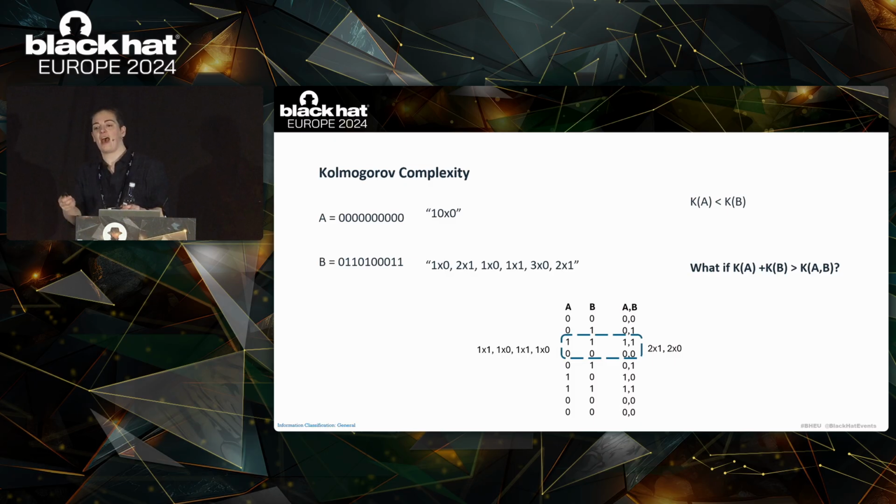Whereas if I don't care if it came from Alice and Bob together, I could just say there's 2 1s and 2 0s. And that's a shorter way of doing it. And I've created this condition again where we have smaller entropy on one side than on the other, and that means that we must have some kind of mutual information.